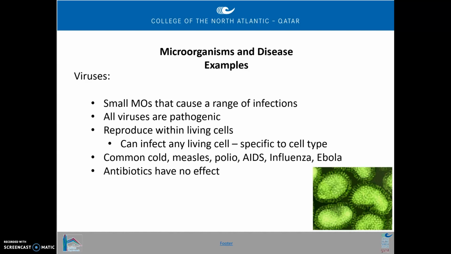And I guess the infectious agent of the day is going to be our viruses, and you guys have had a pretty good education with viruses if you've watched any of the news recently. We all know that these are tiny, tiny microorganisms. We know that they're not living. They need to have a living cell in order to reproduce. All viruses are pathogenic. Pathogenic means that they cause disease.